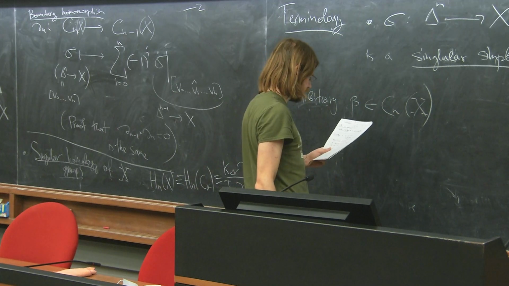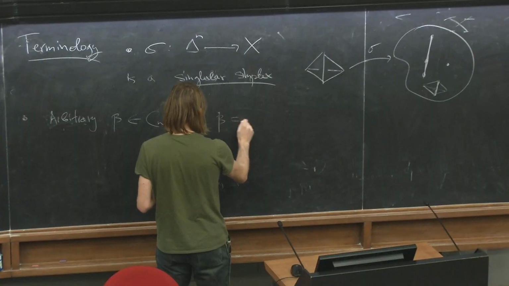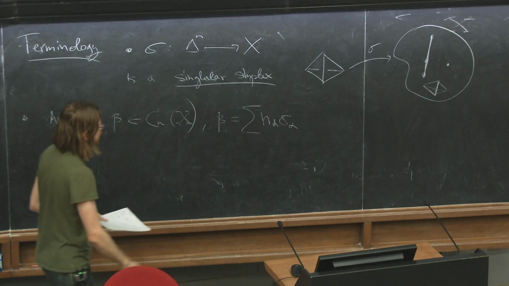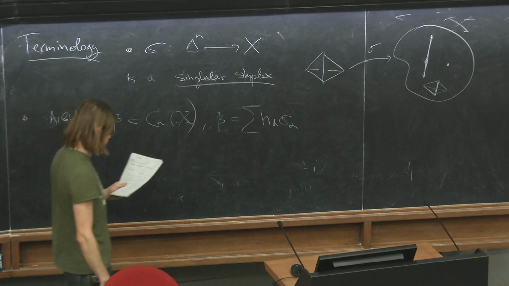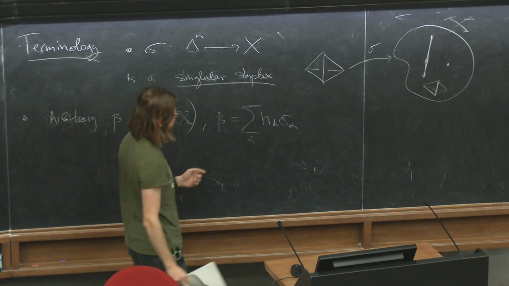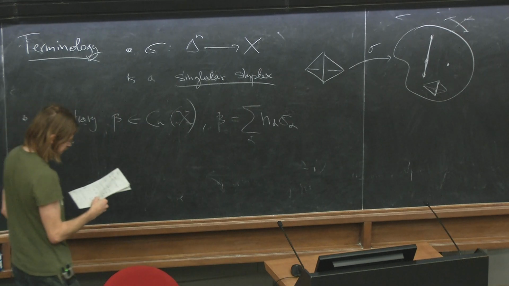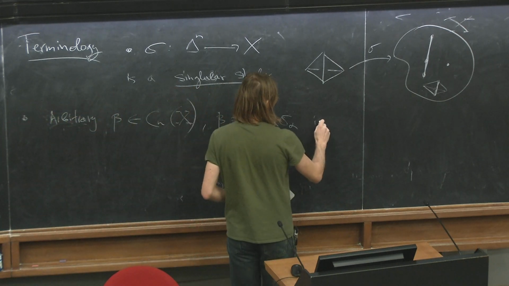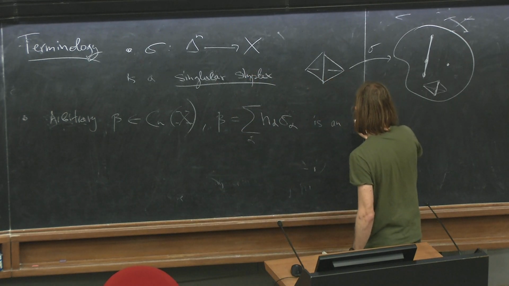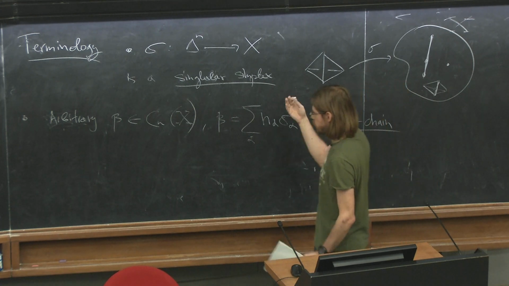So an arbitrary element beta here, by definition, is a formal linear combination of maps sigma alpha, each of them a map from an n-simplex to X, and this is called an n-chain, or in this particular case, a singular n-chain.